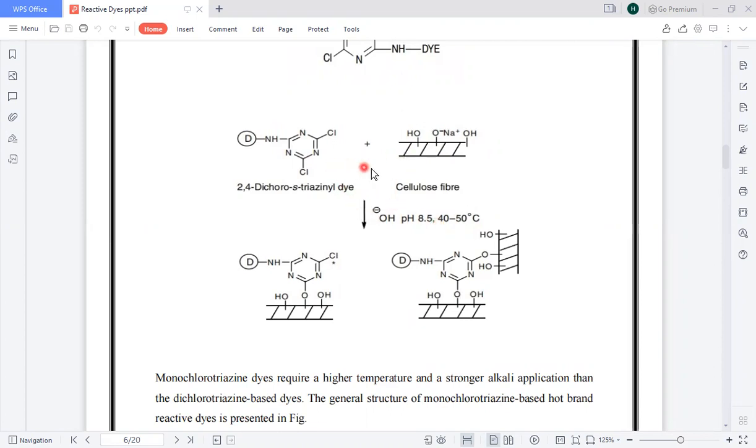In the first step, the chlorine atom attached to the 2,4-dichlorotriazine is replaced by the sodium ion on the hydroxyl group, as shown in this figure. The chlorine atoms are replaced by this cellulosate. So the dye is attached to the cellulosic fiber.